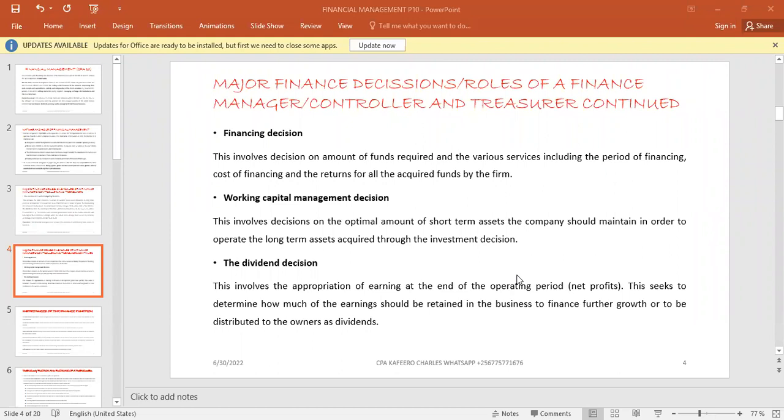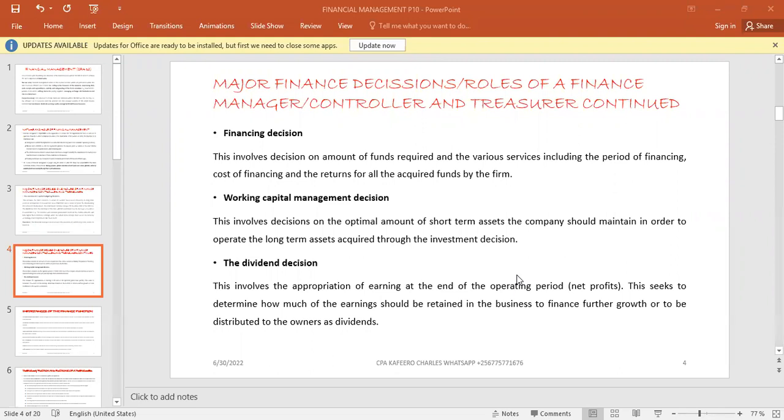We are saying the financing decision involves a decision on the amount of funds required and the various sources involved in providing those funds we need. One of them may be the period of financing.